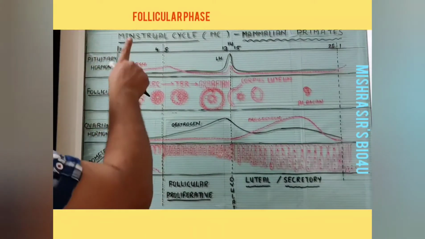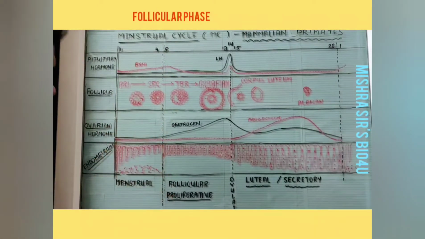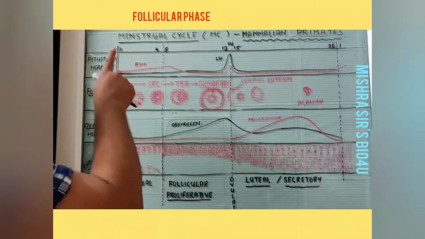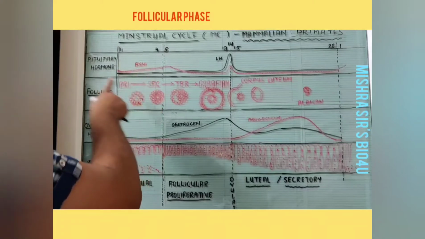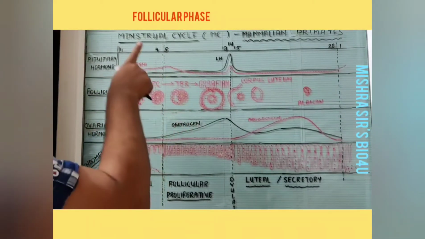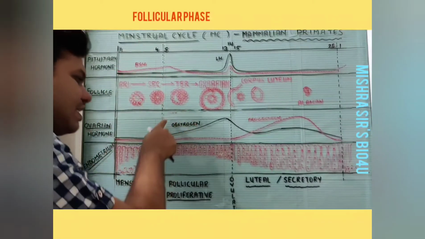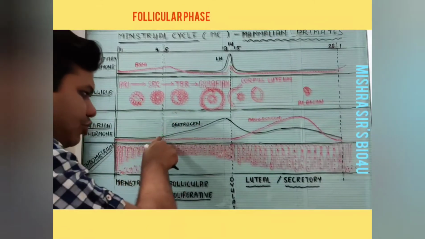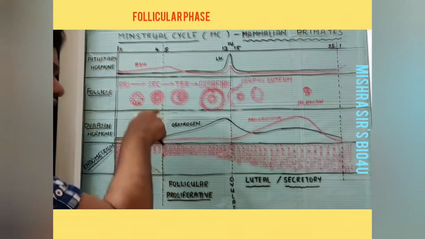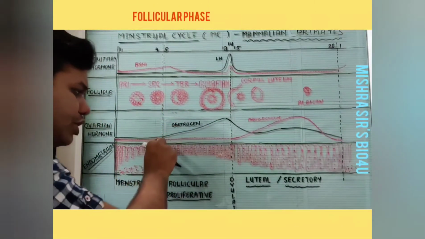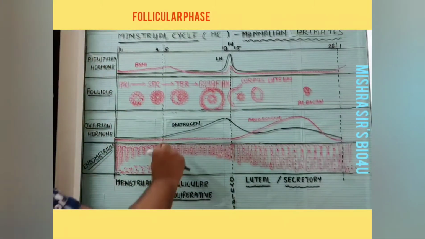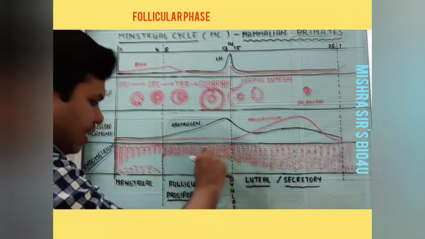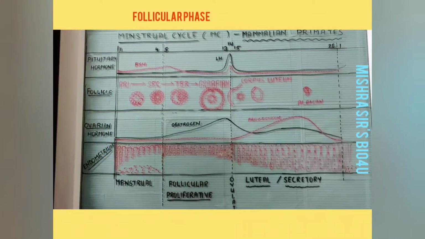So remember, during day 5 to 13, which we call the follicular phase, due to increased level of FSH, follicles start developing. The developing follicle produces estrogen. See, the estrogen level is rising. Increased level of estrogen causes repairing of the endometrium, so bleeding will stop.